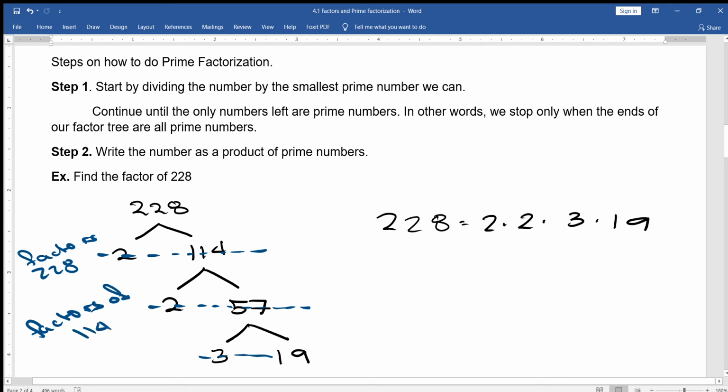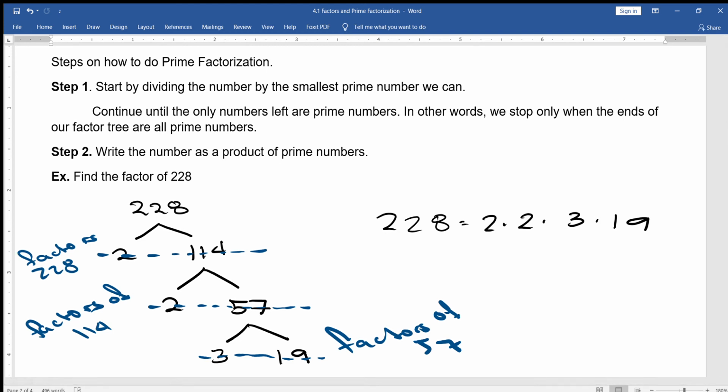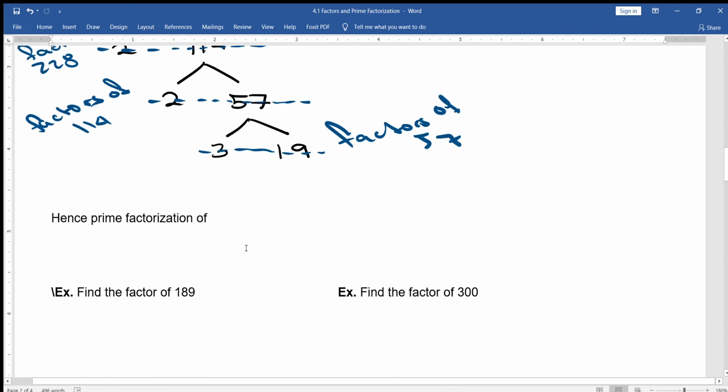And this is factors of 57. Notice that, again, we're not factoring the 2s, and we're not factoring the prime numbers. We're only factoring the composite numbers.